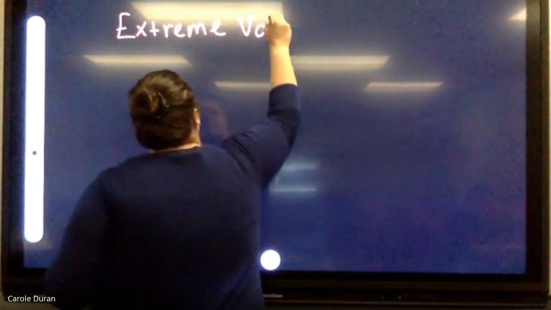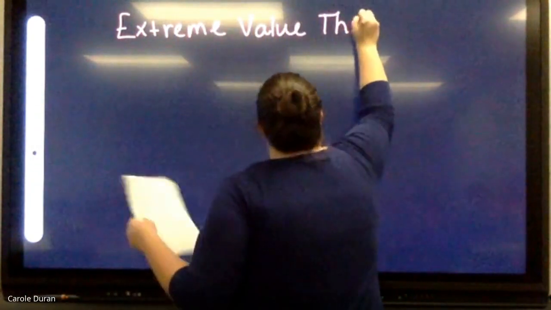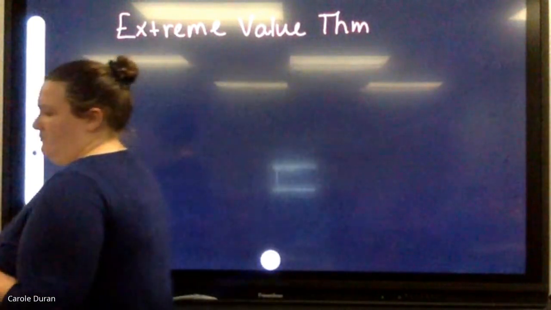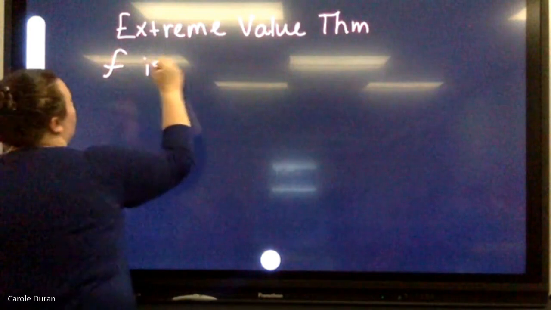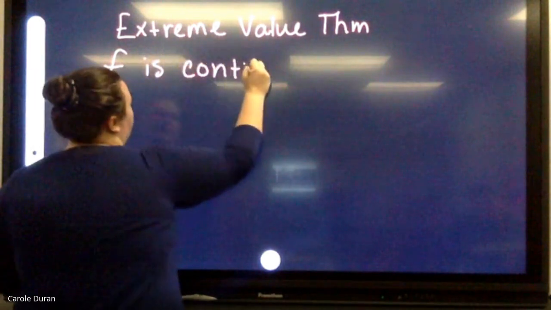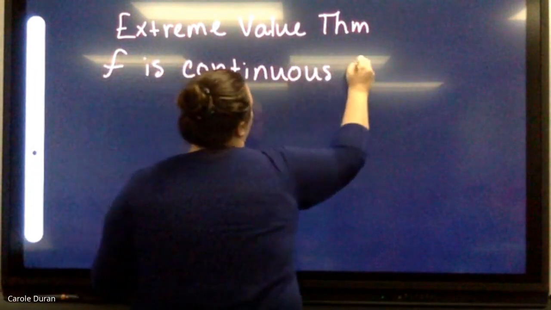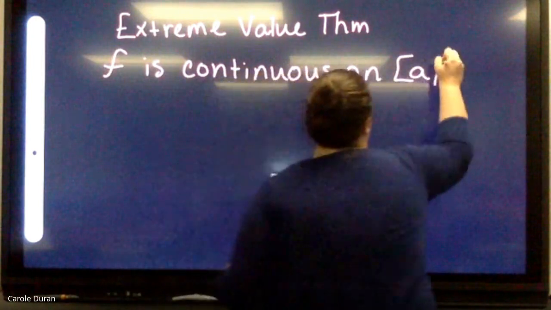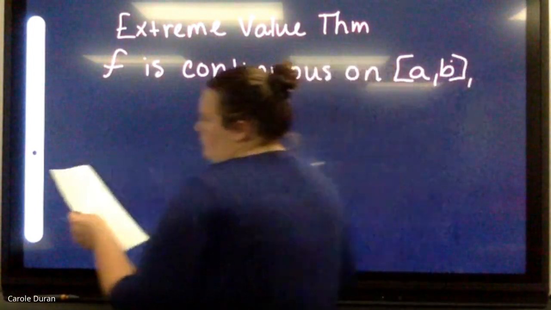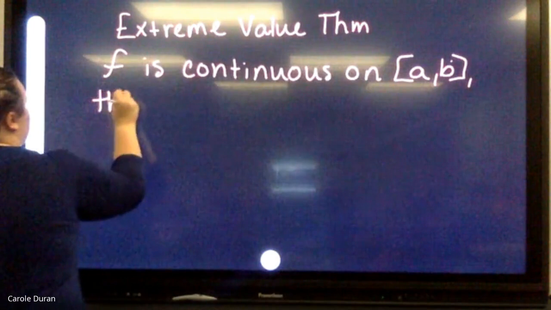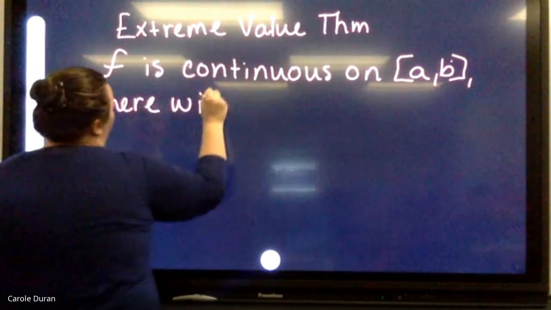So hopefully another thing that was pretty easy for you was the extreme value theorem. And it just says that if my function f is continuous on a closed interval, there will be a minimum and a maximum on that interval.